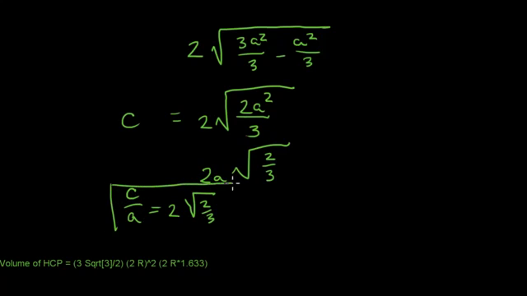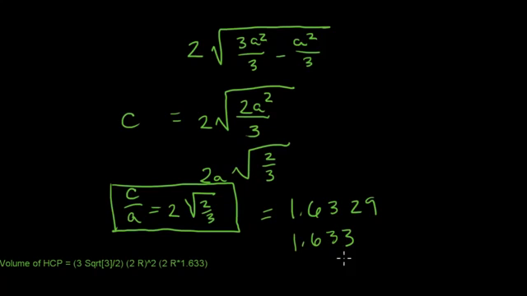If you punch that into a calculator, you will find that 2 times square root of 2 divided by 3 is 1.6329, or 1.633.